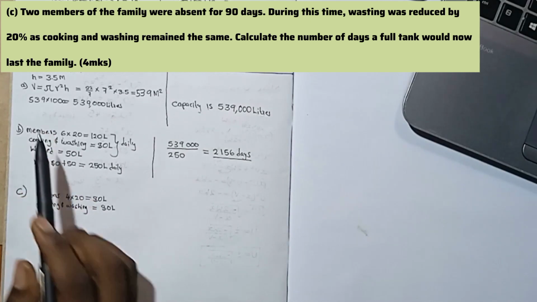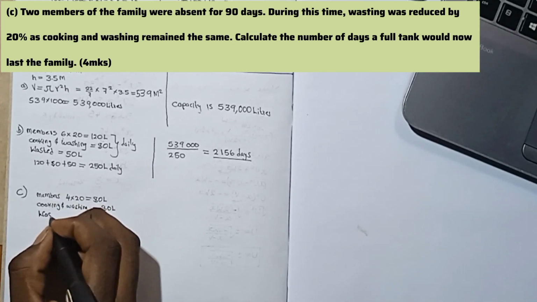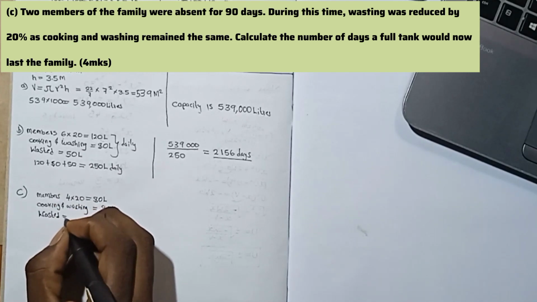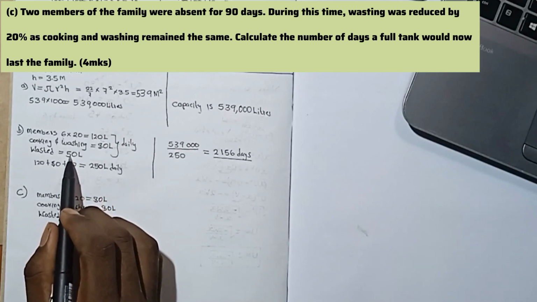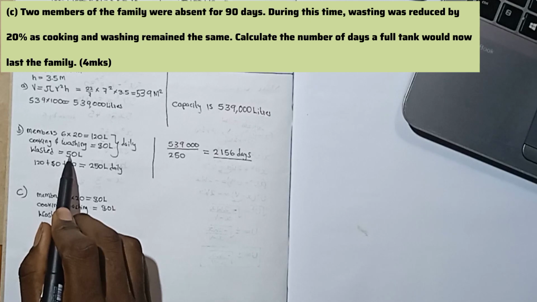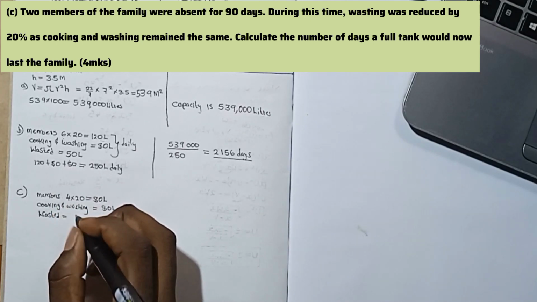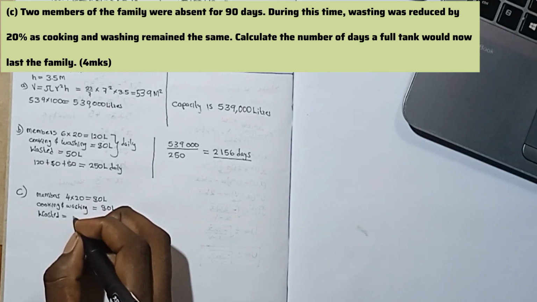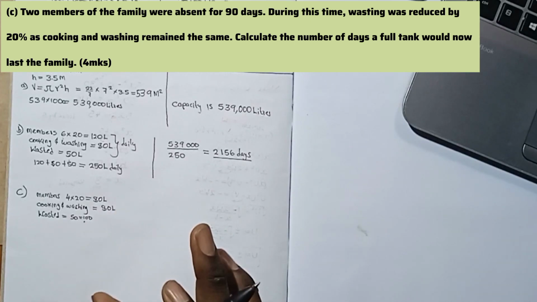So initially it was 50 liters, so 50 wasted is equal to, initially 50, this is the 100%. So 20% is what was reduced.